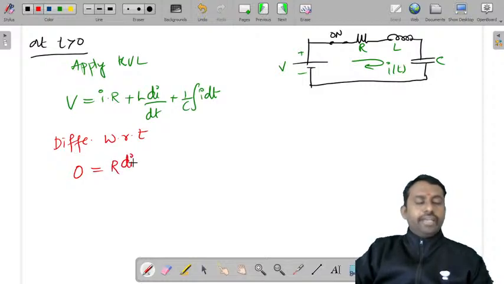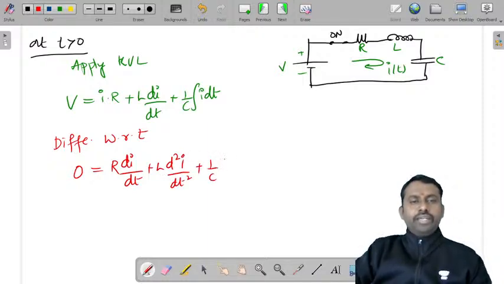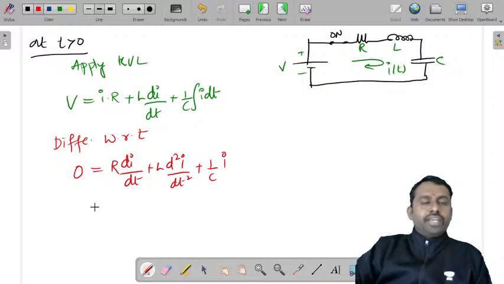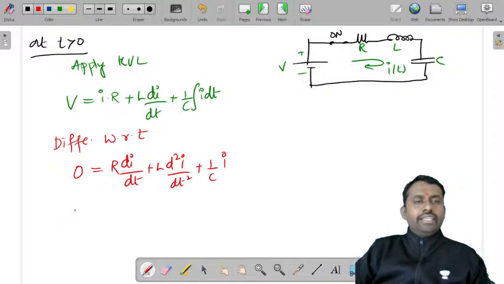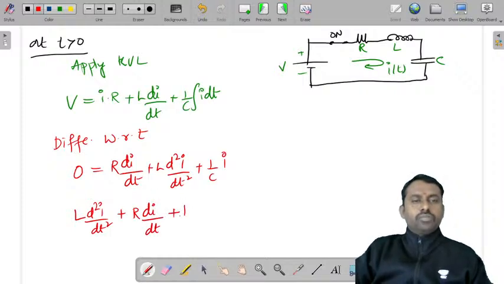You get R into di by dt plus L into d square I by dt square, and for 1 by C into integral I dt, differentiation cancels the integral, so you get 1 by C into I. So we can write this as L d square I by dt square plus R into di by dt plus 1 by C into I is equal to 0.